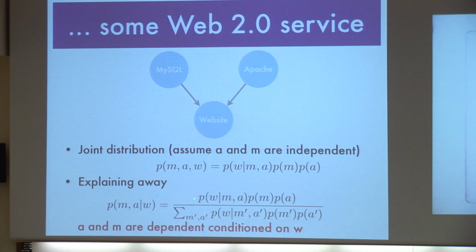This clearly does not factorize into expressions containing only M or only A. The denominator is fine, it doesn't contain any M and A. But the numerator couples through this joint term here. So all of a sudden, conditioned on observing the website, A and M become dependent on each other.